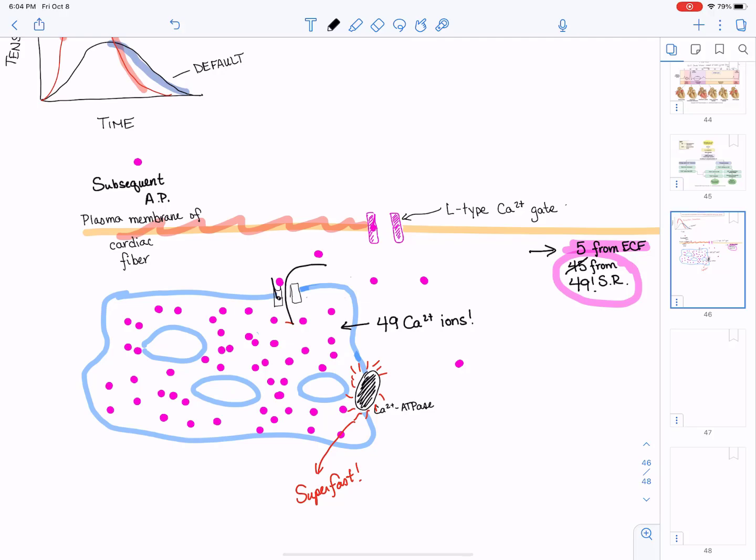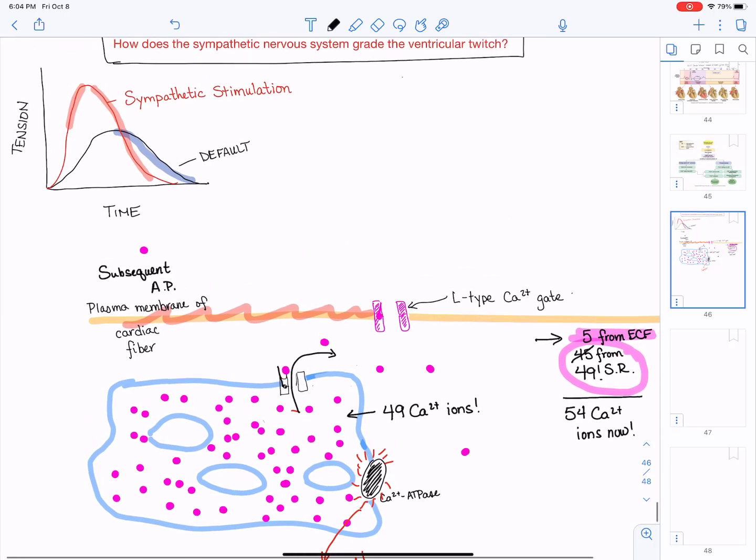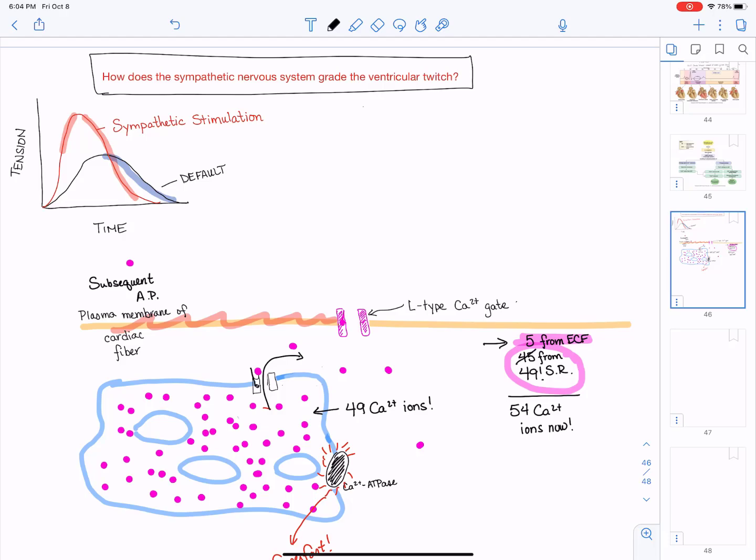So this gives us more calcium in a subsequent twitch. More calcium equals more calcium bound to troponin equals more myosin heads finding binding spots equals more tension generated in the twitch. So as you can see, supercharging that calcium ATPase actually achieves both of our objectives.